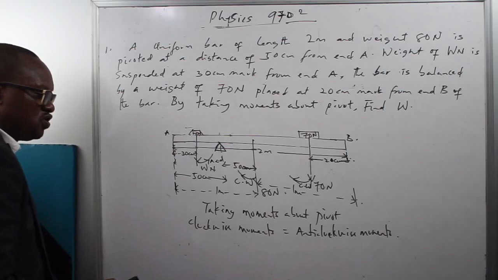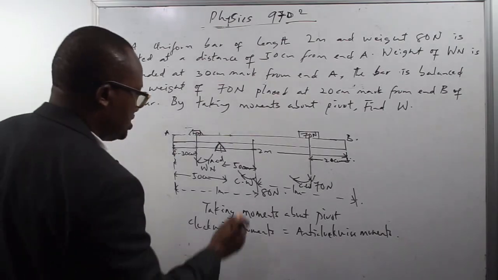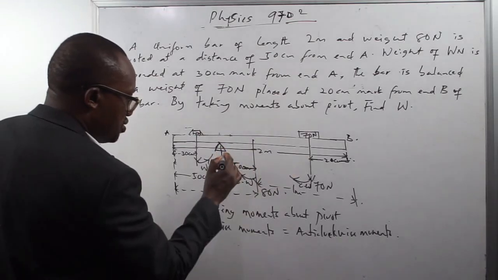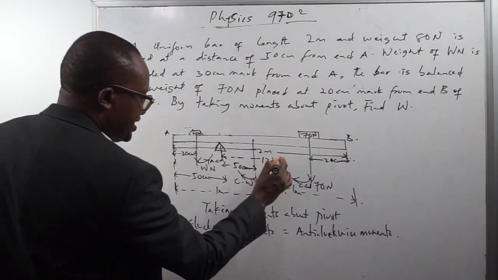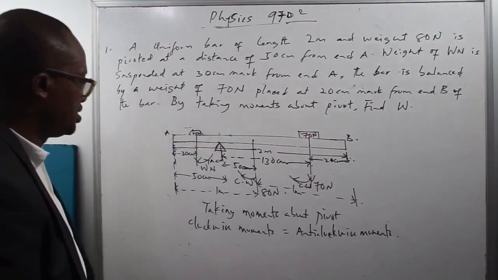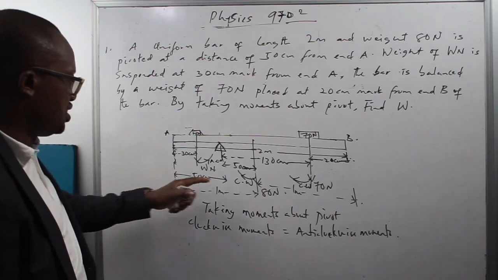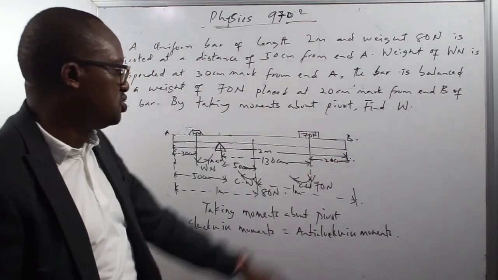That is going to give you 130 centimeters. So the distance of the 70 newtons from the pivot is 130 centimeters. Because by the time you add everything, from here to here is 50, from here to here 180, 20.